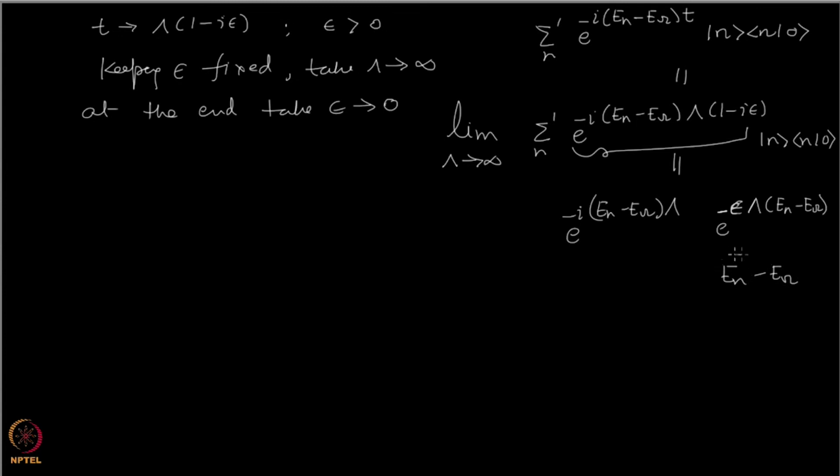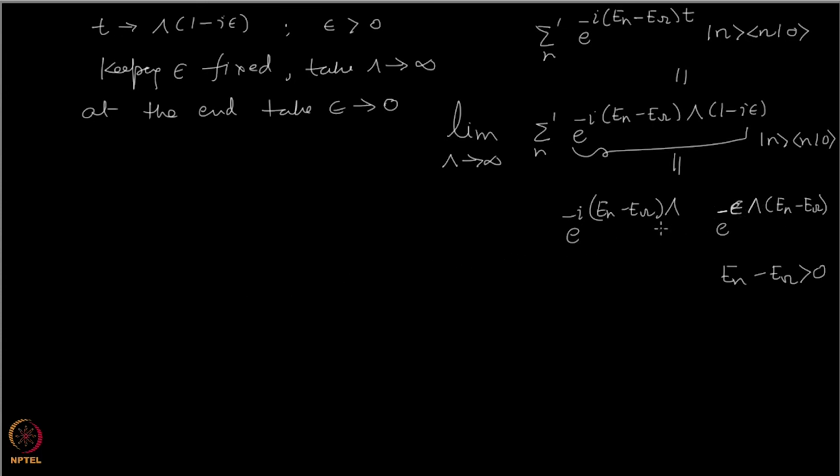All other states labeled by n have energies higher than E_omega, because it's the lowest energy state. So this is always positive, epsilon is positive, and lambda I am taking to positive infinity. Then this entire factor goes to a large positive number, and because of the minus sign it gets exponentially suppressed. So it goes to 0 in this limit.